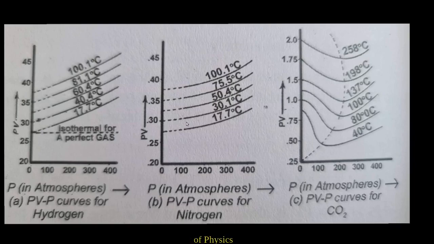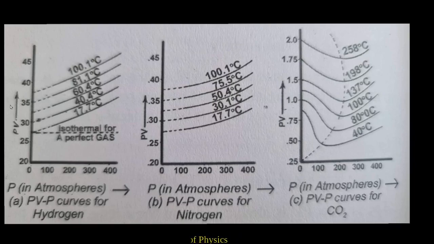Likewise here, below the 100 atmospheric pressure, the decrease is maximum in carbon dioxide, but in hydrogen what happens is a small decrease here. So below the pressure P equal to 100 atmospheres, PV decreases gradually.